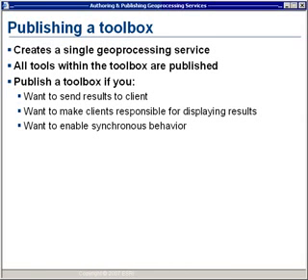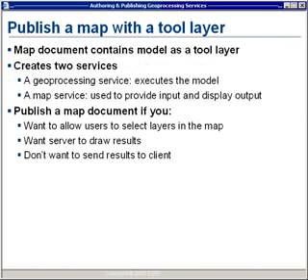The advantage of this is that you can send the results to the client. You can also make the clients responsible for displaying those results. And you can use what we call synchronous behavior. Now, this is a behavior that can be assigned to any of the geoprocessing services, and we'll take a look at it in a moment.